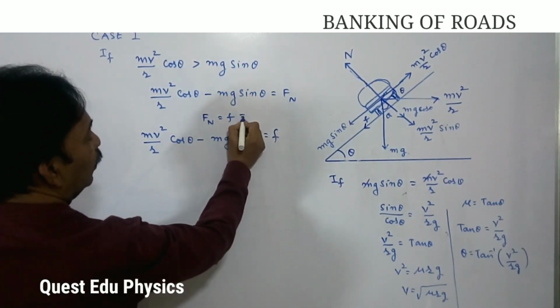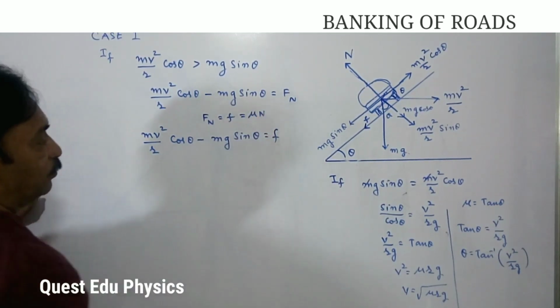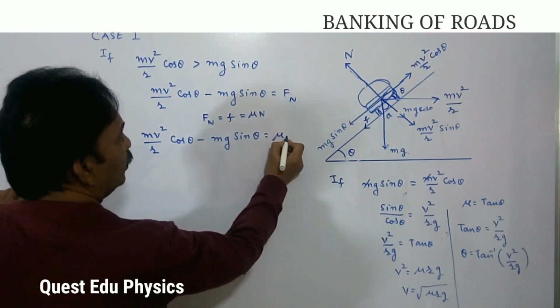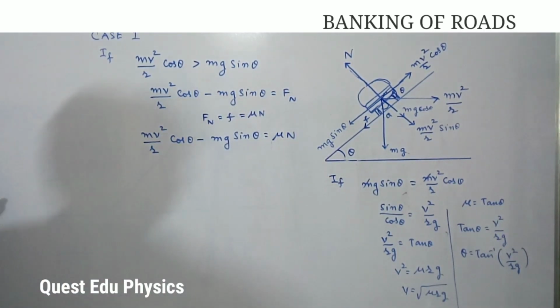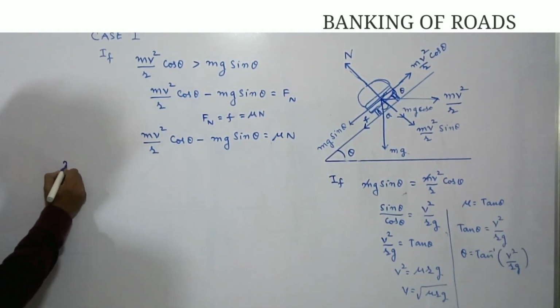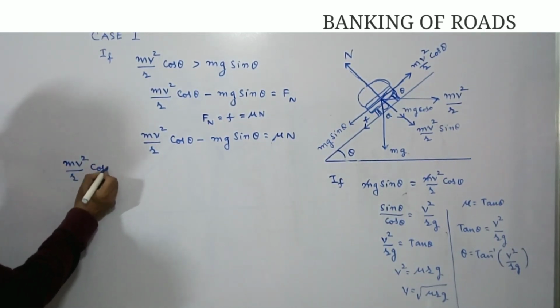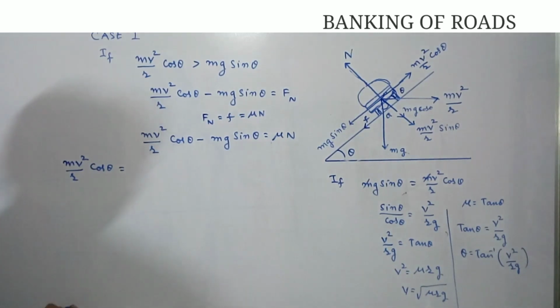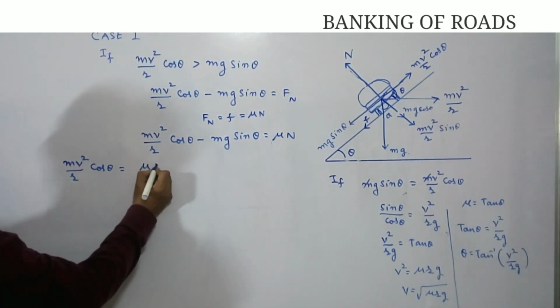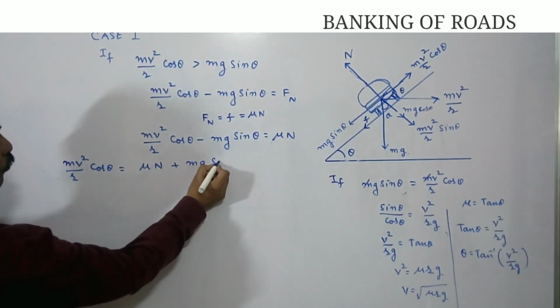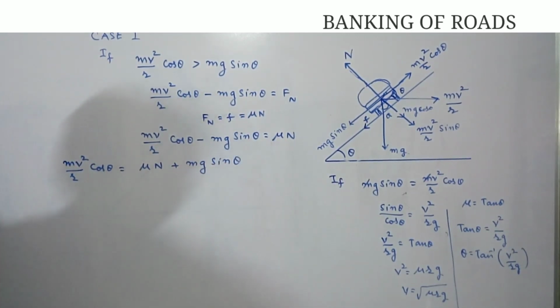As you know, frictional force is equal to mu N. Substituting, mv²/r cos theta is equal to mu N plus mg sin theta.